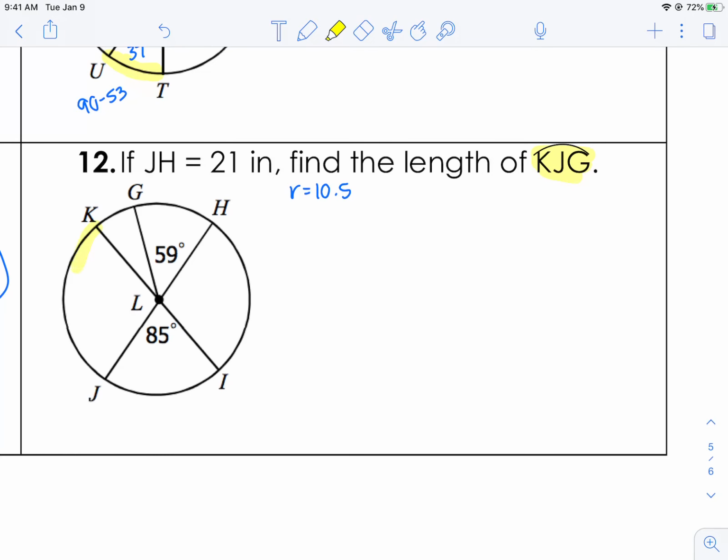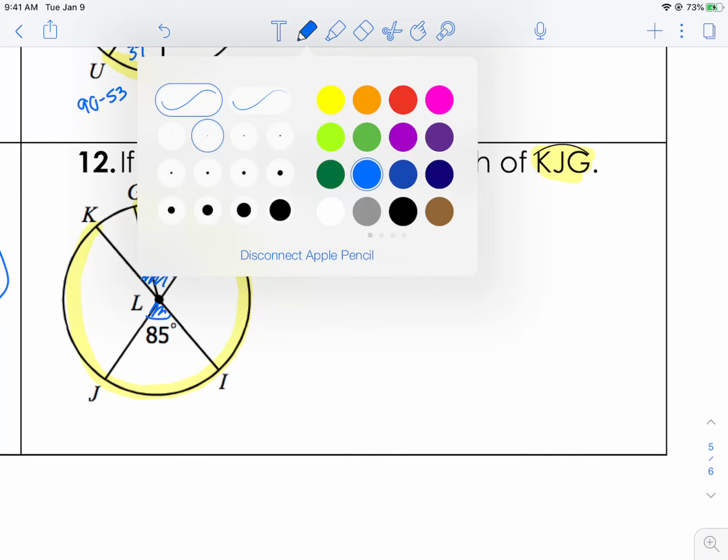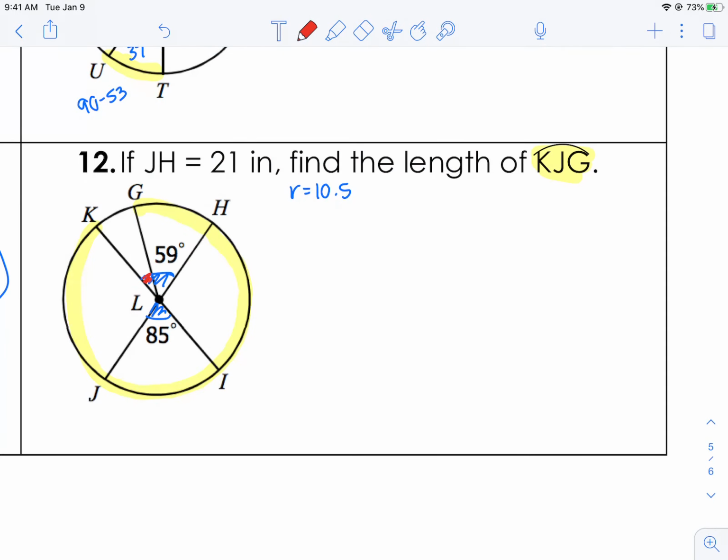So K to J to G. Okay, so an easy way to do this one, from here to here and here to here are vertical angles. So to find just this piece right here, I'm going to do 85 minus 59. And I get 26. So this arc is 26.